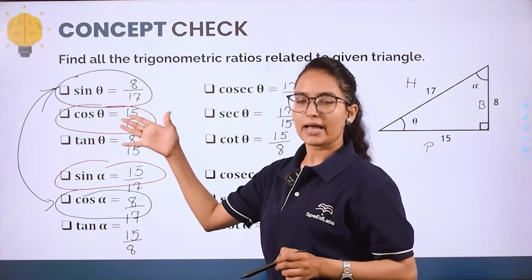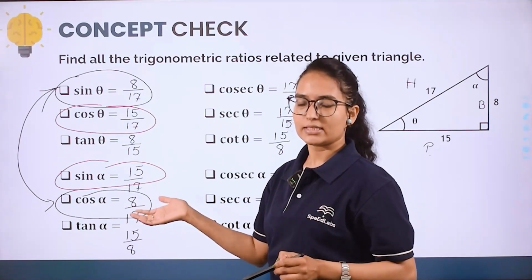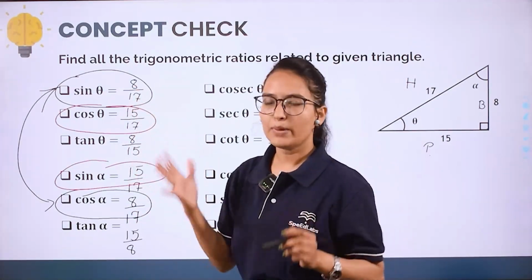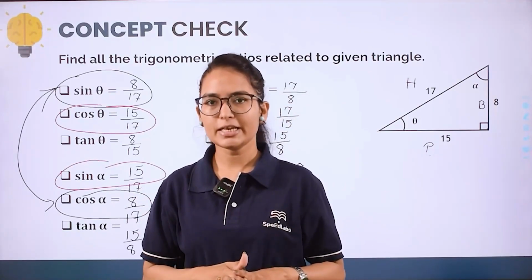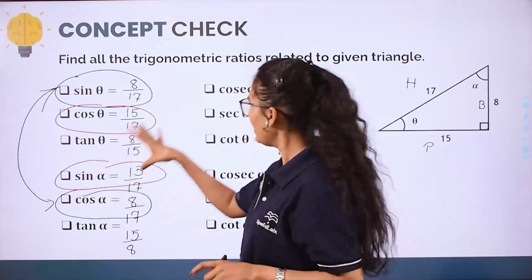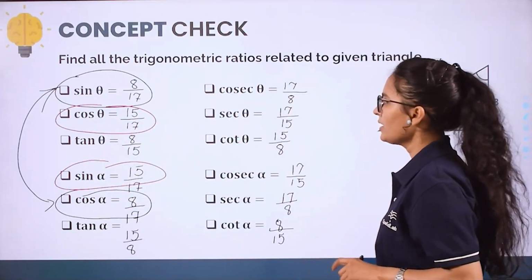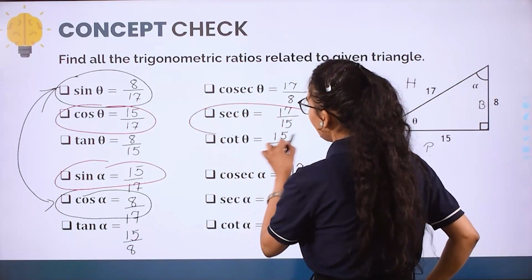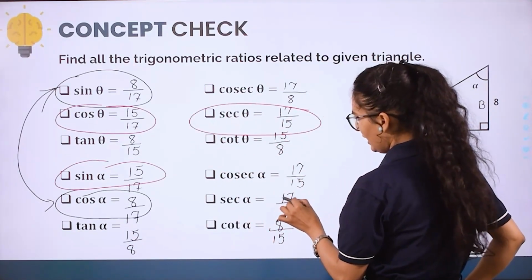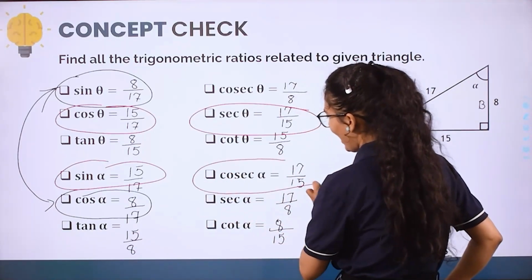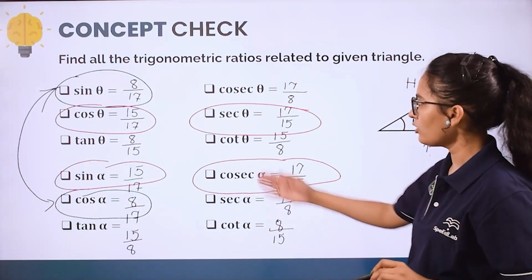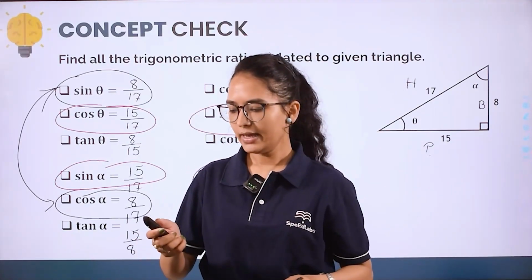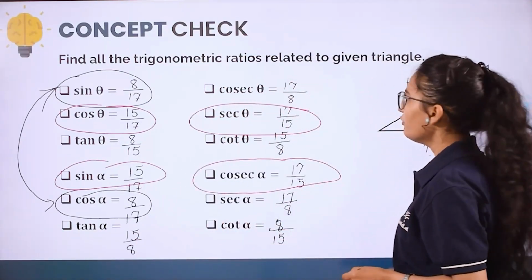Basically, sine theta and cos theta relate through complementary angles, which we will see later on, but this is what you can observe from here. Because the base and perpendicular sides are getting exchanged, that is why this is happening. You can observe the same thing here also: the secant of theta is 17 by 15 and the cosecant of alpha is 17 by 15, because they are also complementary angles. They share the relation. We will see that in detail in the upcoming videos. For now, this much is enough.